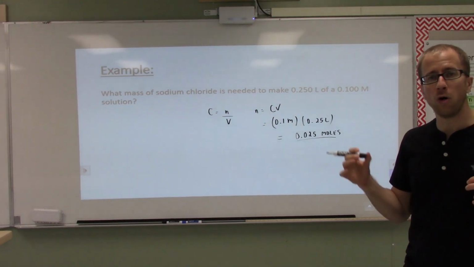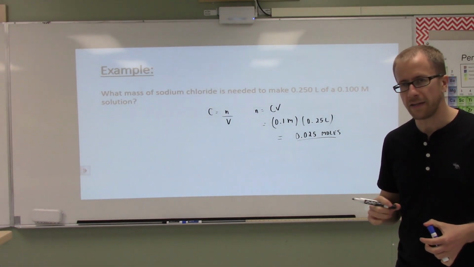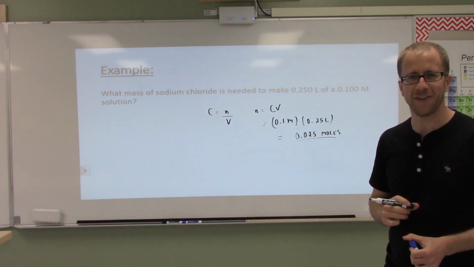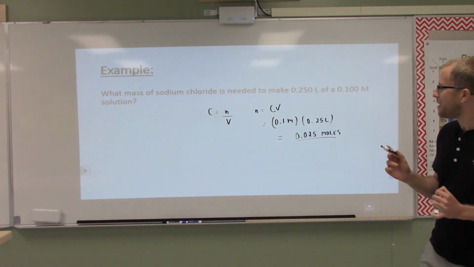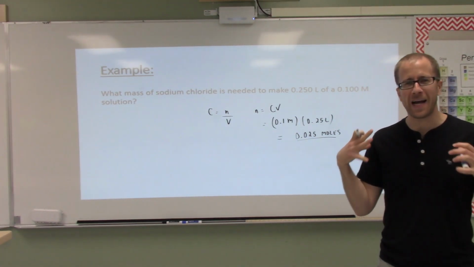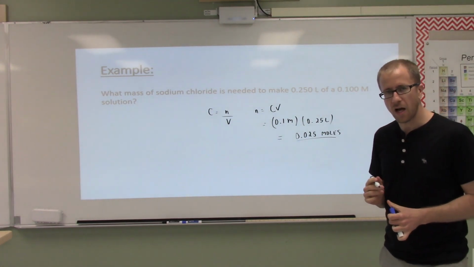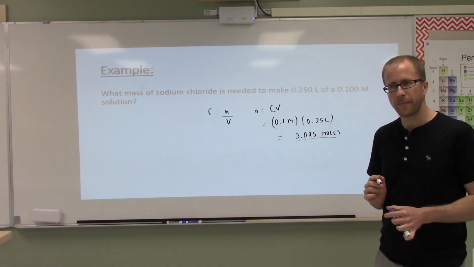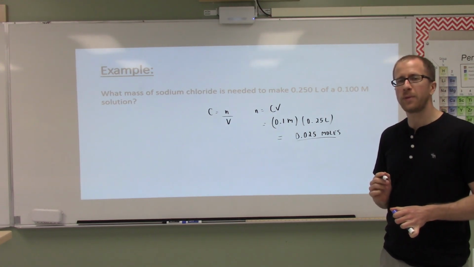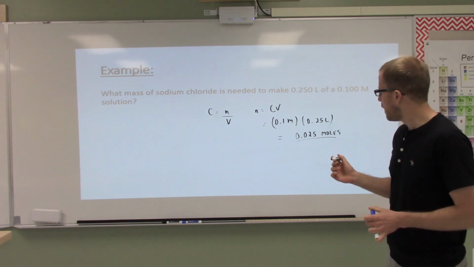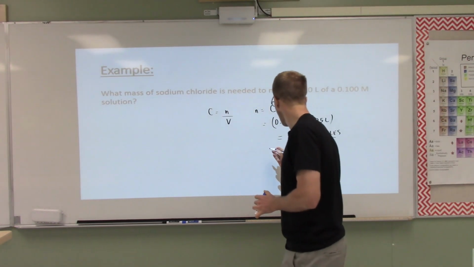So we know how many moles of sodium chloride we're going to need. Well, I wish I picked easier numbers for this. So now we need to figure out, well, how many grams is this going to be? So what is the molar mass of sodium chloride? Well, that's 22.99 plus 35.45. It's 58.44.